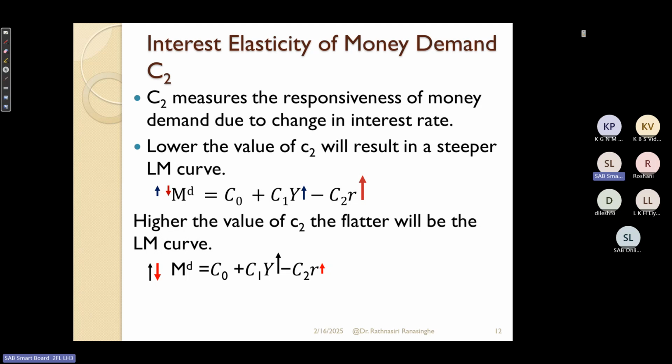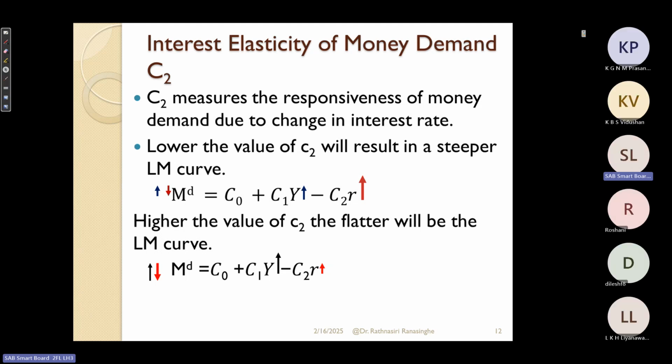If the value of C2 is low, we get a steeper LM. A small adjustment is enough to offset the decline in the money demand due to the larger upward adjustment in the interest rate under the circumstances of lower C2.